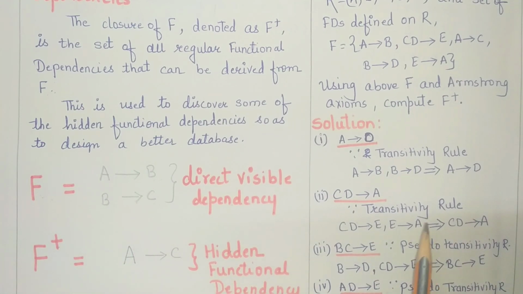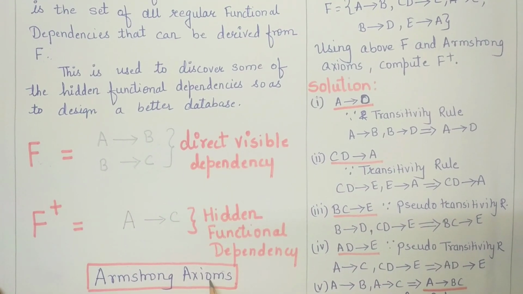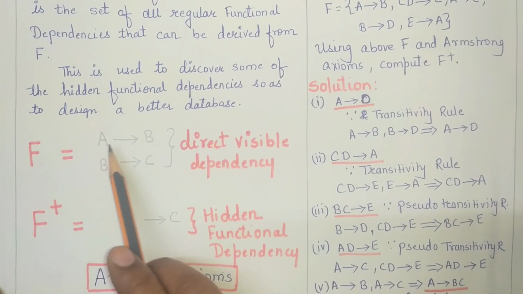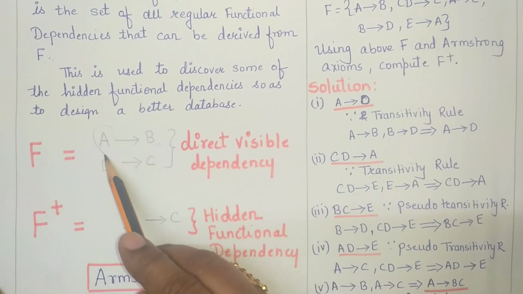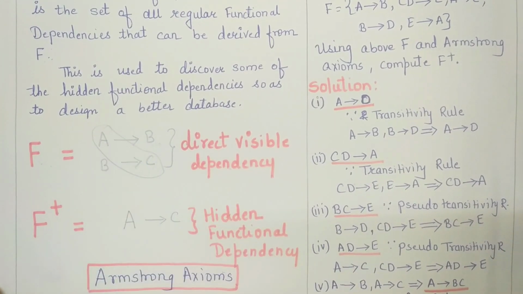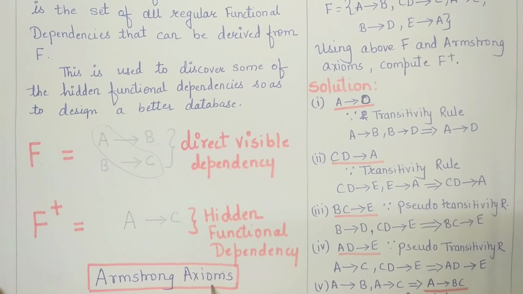By making use of Armstrong axioms, which we have already seen in our previous video. Basically, if A determines B and B determines C, then A determines C. This is the transitivity rule of Armstrong axioms, or the inference rule.